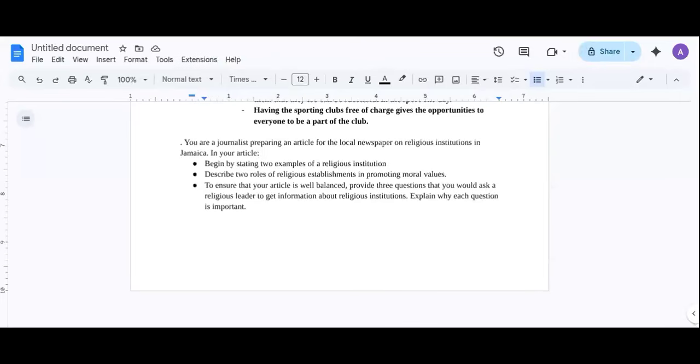That's the 4 marks. That first one that says begin by stating two examples of religious institution, that will be 2 marks. So I'll just put a 2 next to it. So we know that it's 2 marks. Describe two roles of religious establishments in promoting moral values. It's describing its 2 roles, 4 marks.